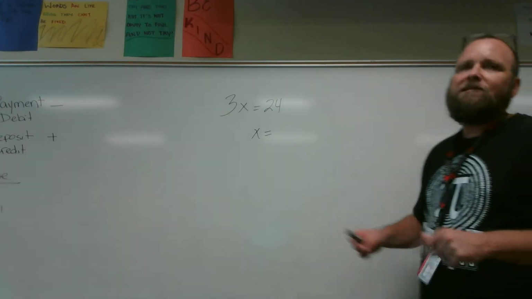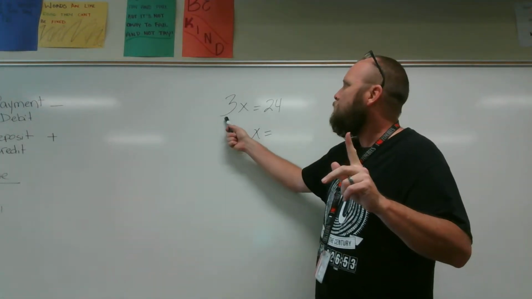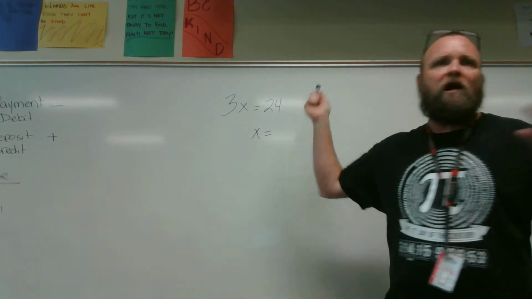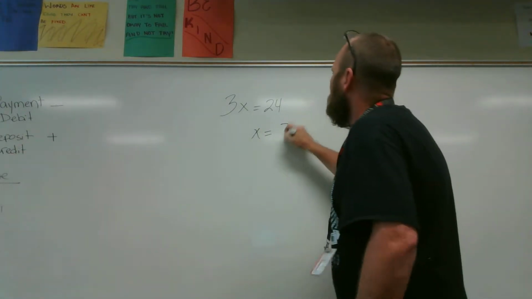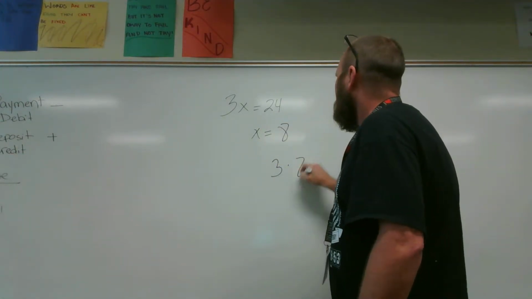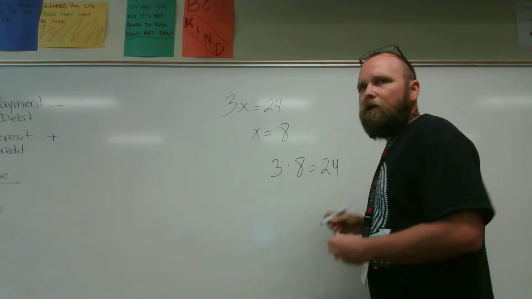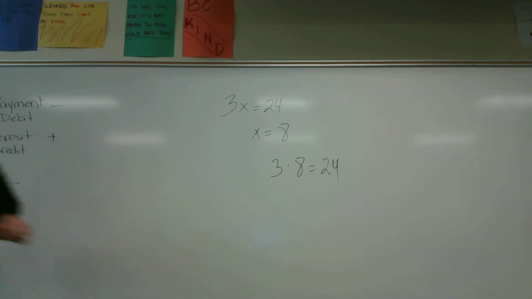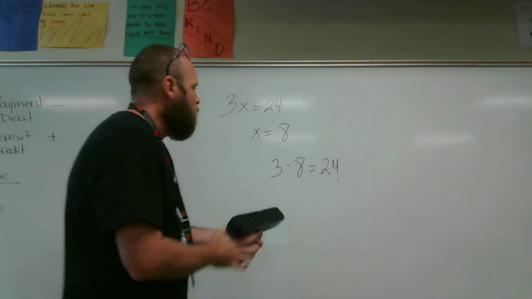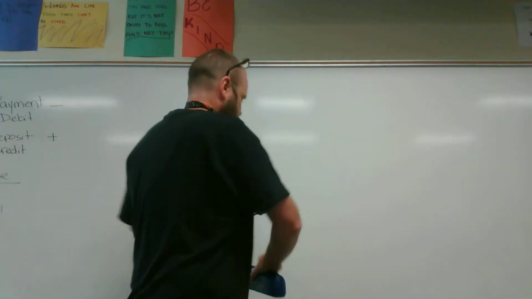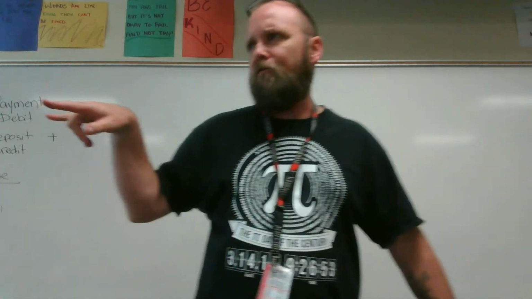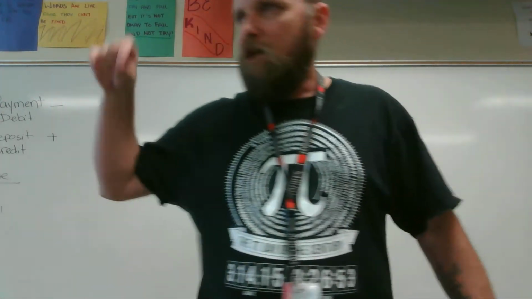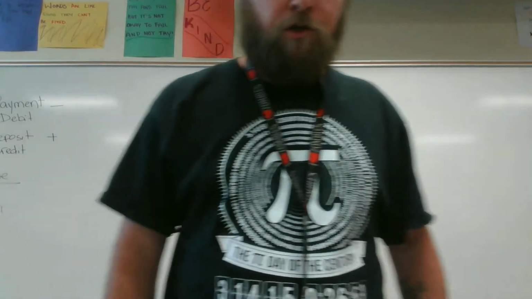So this problem is asking you this, Ashley. 3 times what equals 24? 8. X equals 8. I can check it. Does 3 times 8 equal 24? Yes is the correct answer. Good job. We are rocking this today, especially those of you that didn't do anything for the first 40 minutes of this, you are now getting all the answers correct. Good job.